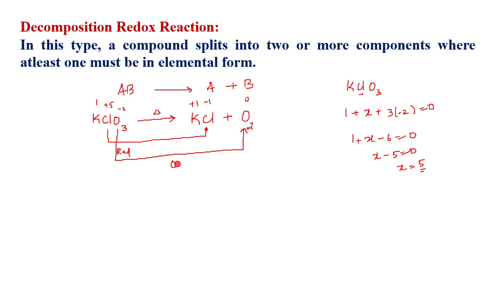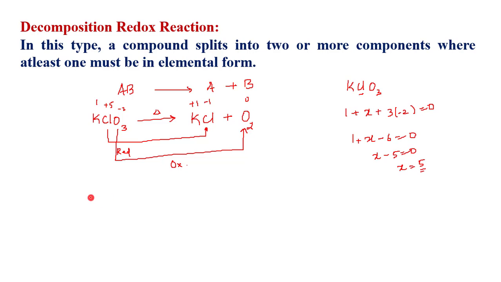So it is undergoing what? Oxidation, right? So it is a redox reaction and the compound is splitting into two components, and out of two components, one is in its elemental form. So such redox reactions, we call them decomposition redox reactions. They are called what? Decomposition redox reactions. Okay.